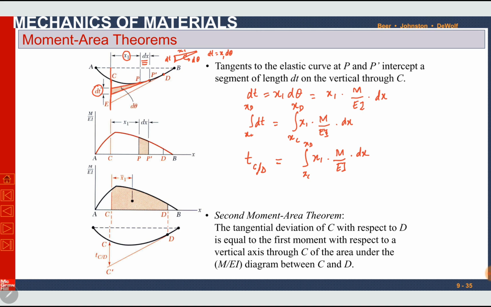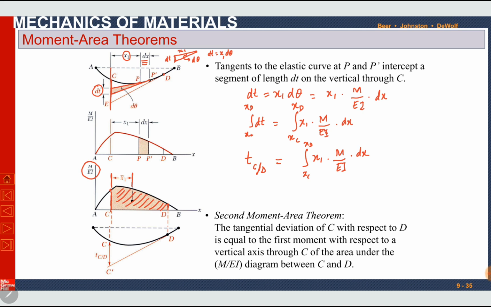If we have an M over EI diagram like this one, the area under the curve between point C and point D is the integral of M over EI dx. Then x1 is the distance from point C to the centroid of this area.